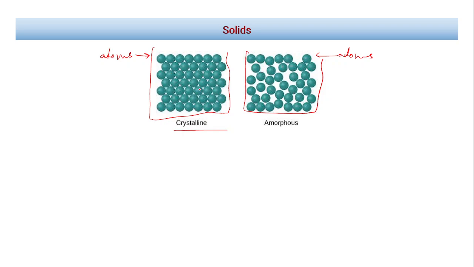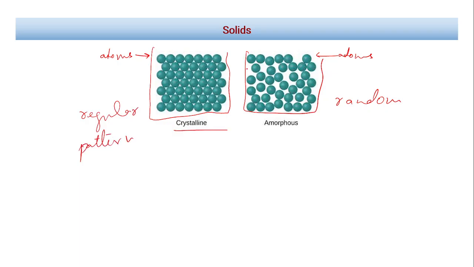Why? Because here the atoms are arranged in a very regular way. There is some kind of arrangement here, but here there is no arrangement. They are just lying around, the way they have just been put, it's very random. Here there is some regular arrangement or pattern.